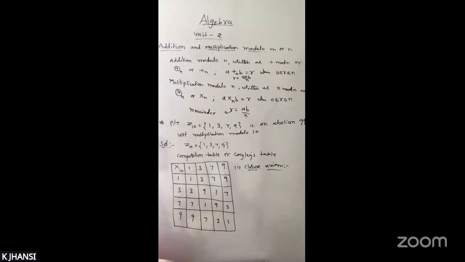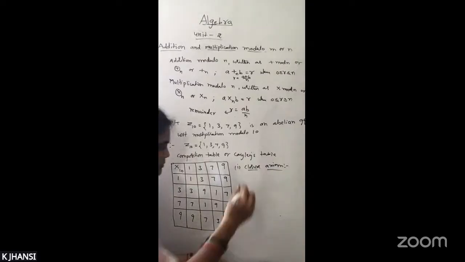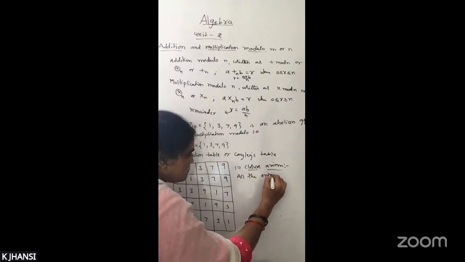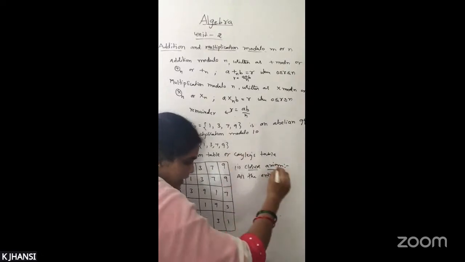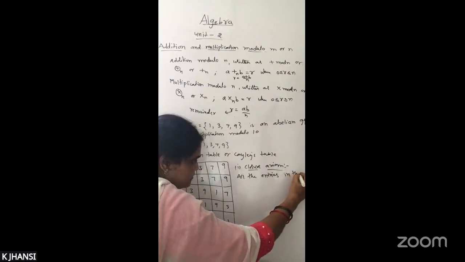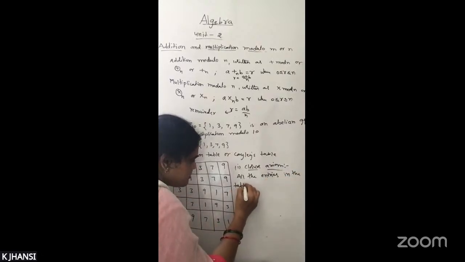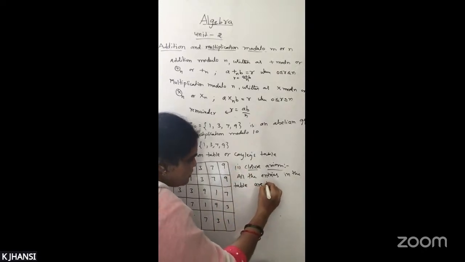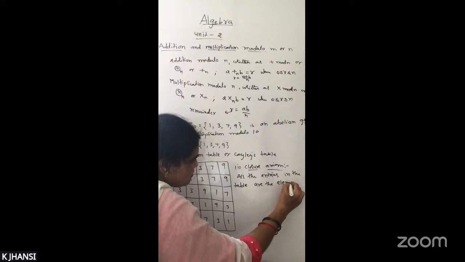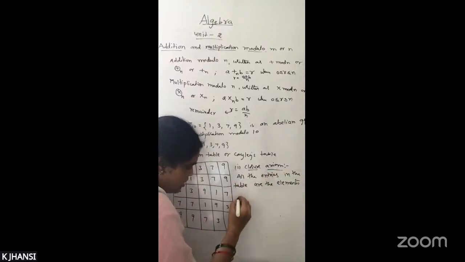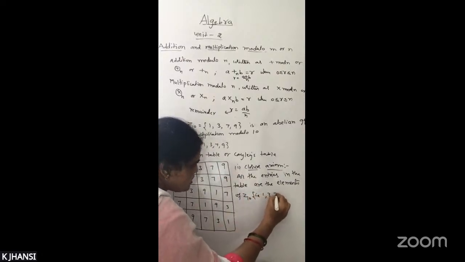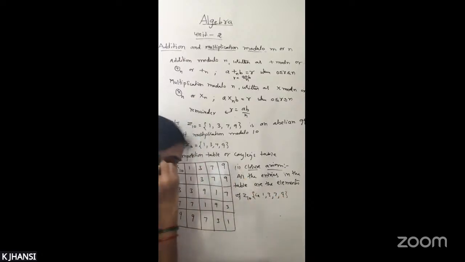Therefore, it is satisfying the closure axiom. So all the entries in the table are elements of Zn. Okay. What is Zn? Zn is {1, 3, 7, 9}.